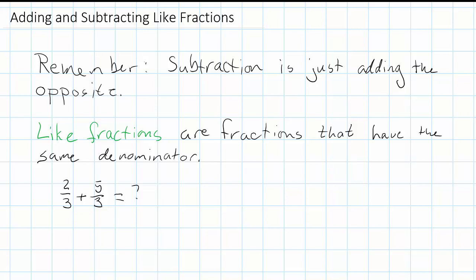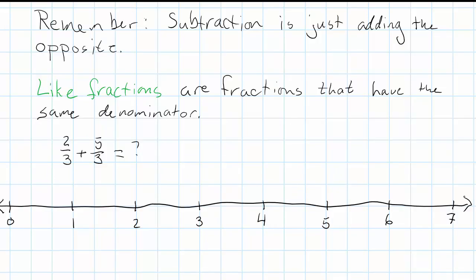So we can draw a number line, split each unit into 3 equal parts, and then draw the vectors 2/3, that'll be 1, 2/3, and 5/3, that'll be 1 2 3 4 5.